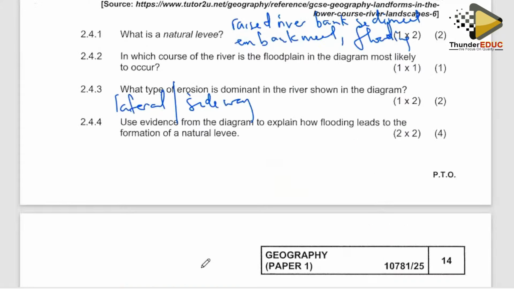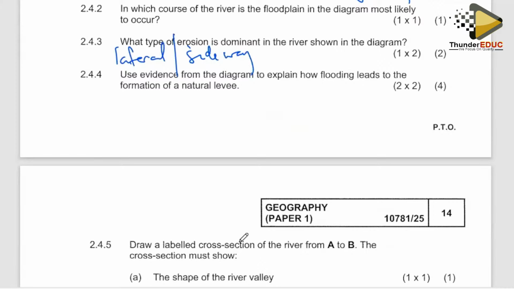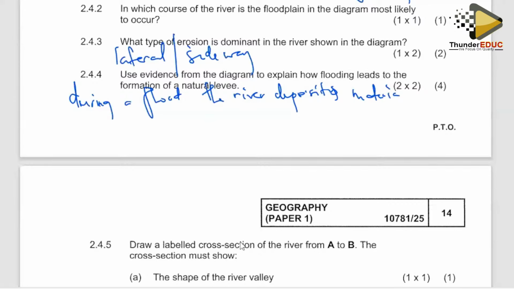Then use the evidence on the diagram to explain how flooding leads to formation of natural levees. Like what I've been saying, during a flood, the river deposits material on the banks of the river. And this material accumulates. Remember, we do not have one flooding session.